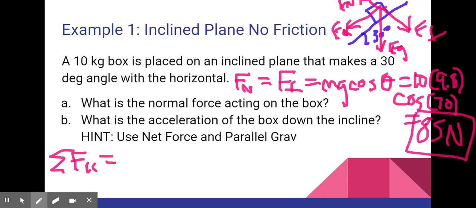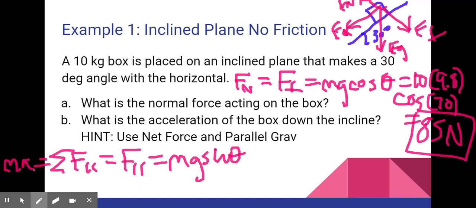We only have one force here, and it's the parallel component of gravity, which we know from the previous slide is equal to mg sine of theta. So if we look at this, we know that the sum of our forces is always going to be equal to mass times acceleration. So now we can say that mass times acceleration is equal to mg sine of theta.